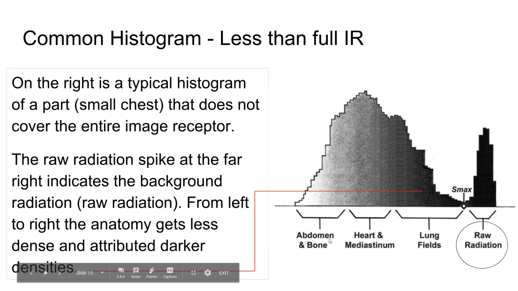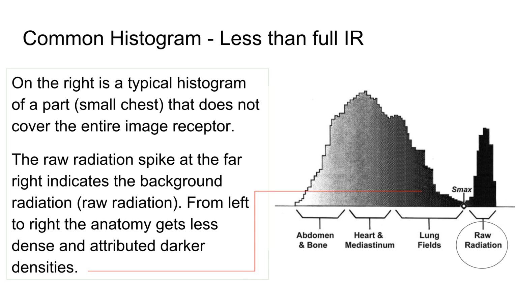So here's an example of a pretty common histogram. This is not the only histogram. They fall into basically three types that we'll talk about. But type 1, which this happens to be an example of, is a histogram where you have a spike on the right side, something that would be very, very dark.